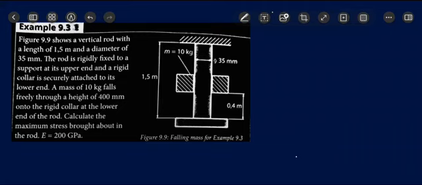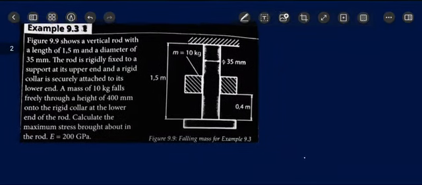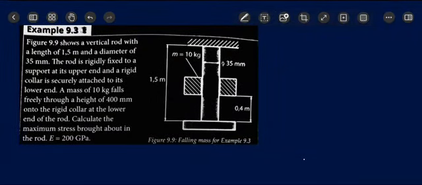We've been given this typical question, example 9.3, which says figure 9.9 shows a vertical rod with a length of 1.5 m and a diameter of 35 mm.